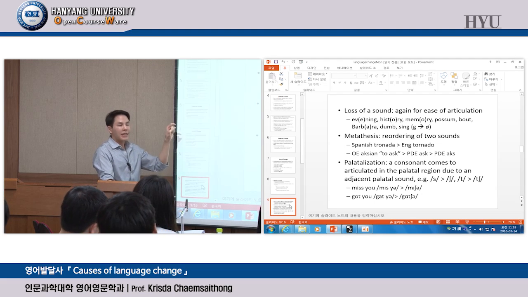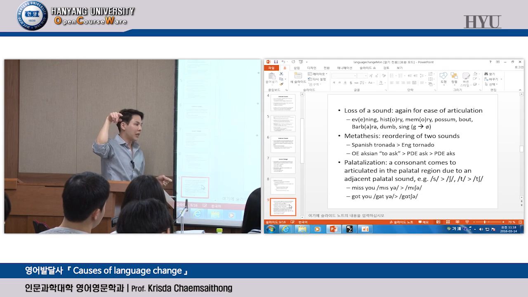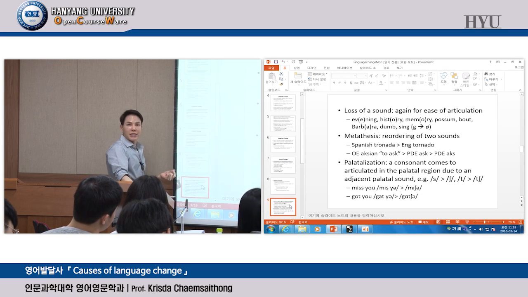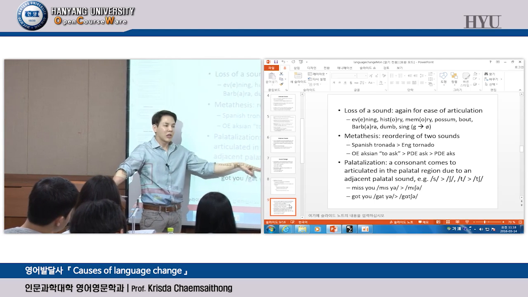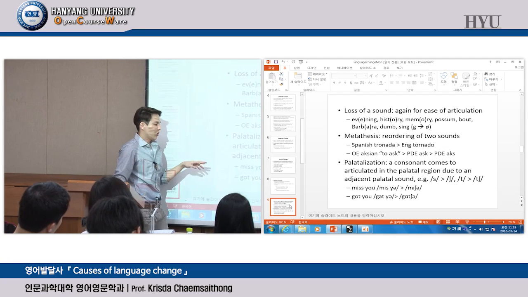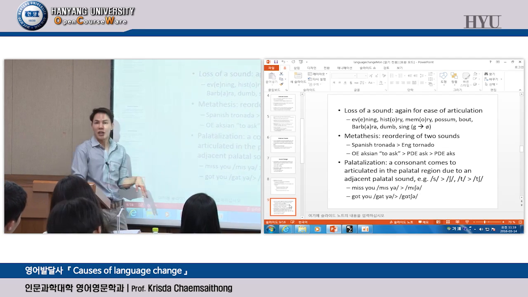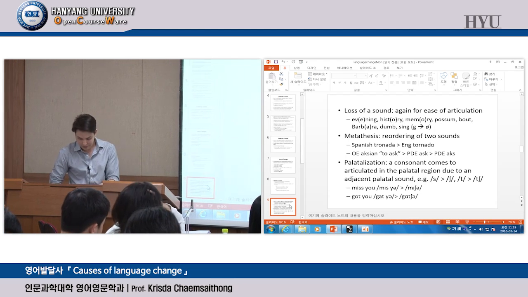So usually S and T, right? S and T, when it's followed by a Y, Y is a palatal sound, or J is a palatal sound, right? So you change that sound. Miss you, to Misha, like that. Got you to gotcha, like that. Because the following sound is a palatal sound.